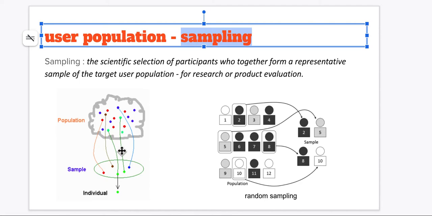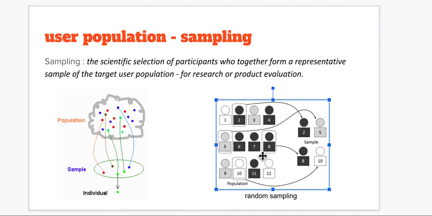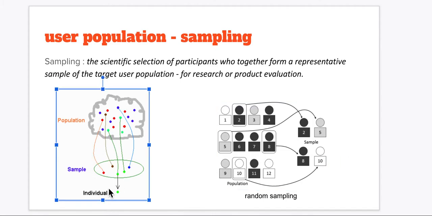Sampling takes certain individuals or certain types of people from this large population and brings it down, so you only need to test 5 people. Rather than testing 20, you just test 5 that have particular characteristics. This can be randomly picking from that group, or it can be more specific and focus down onto that individual. So that's what sampling means.